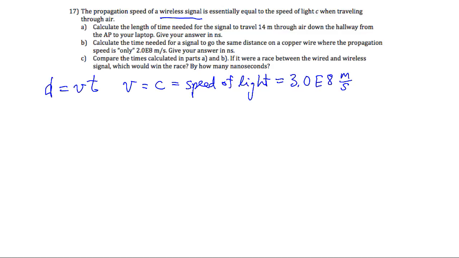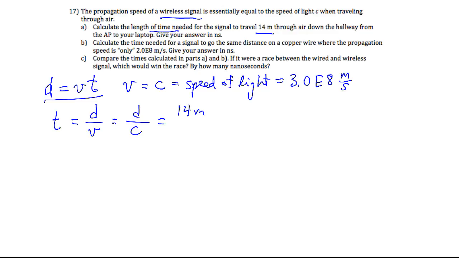Okay, and it wants us to calculate the time, so we're going to solve this equation for t. T is equal to the distance divided by the velocity, or the distance divided by c. The distance is 14 meters, and c is 3 times 10 to the 8th meters per second.